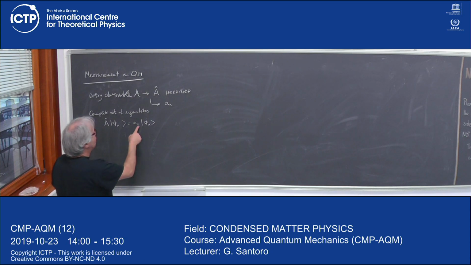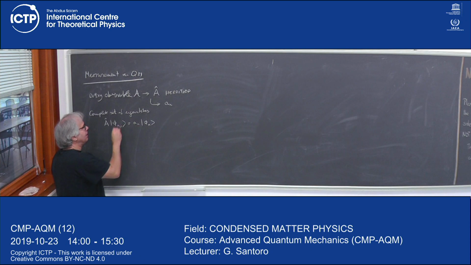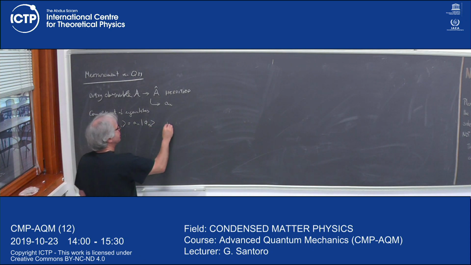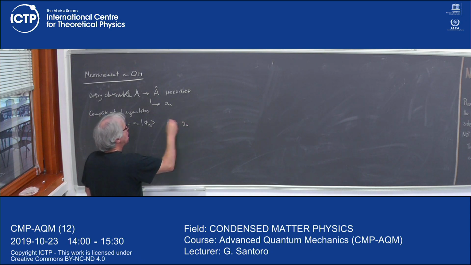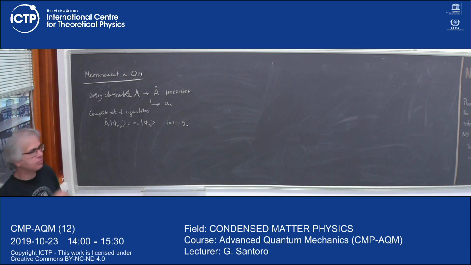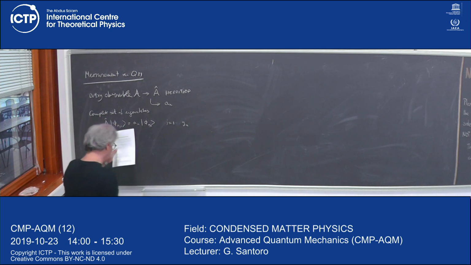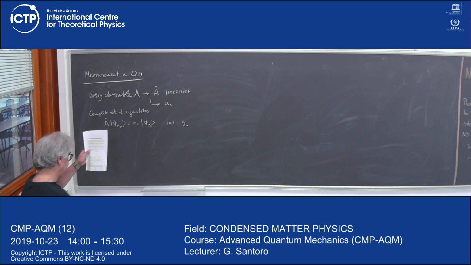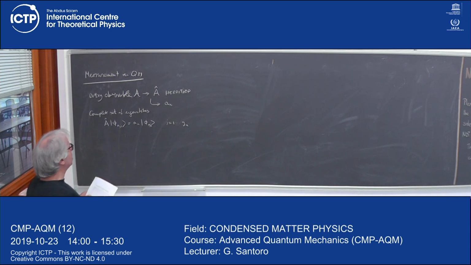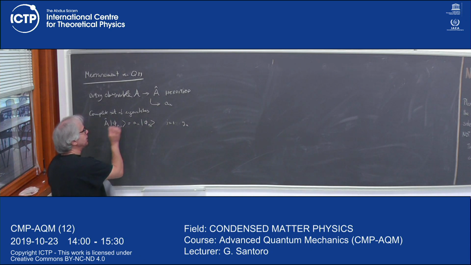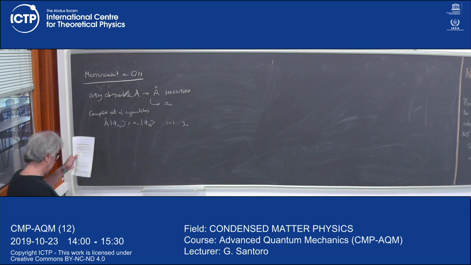And in general, each eigenvalue might have a degeneracy, so let me write here an extra index j that has values from 1 to some degeneracy Gn. If you put together all these phi n j, you have a basis of the Hilbert space.